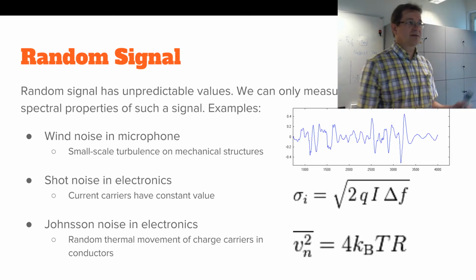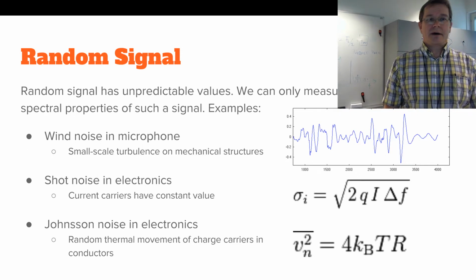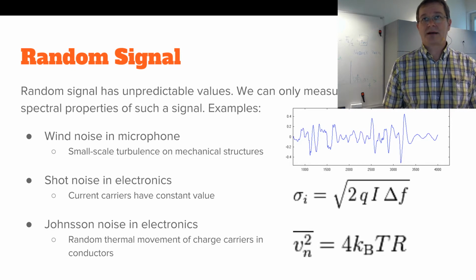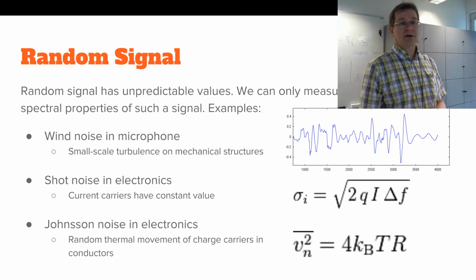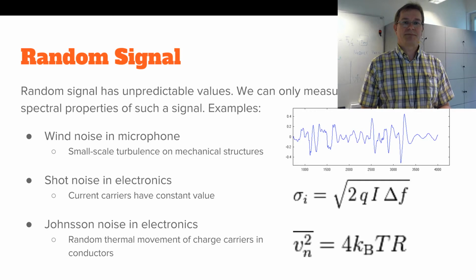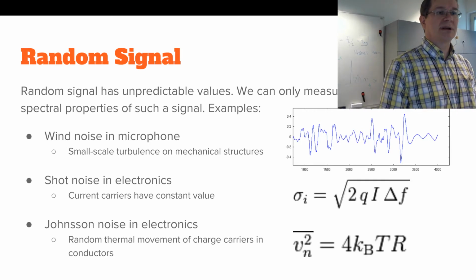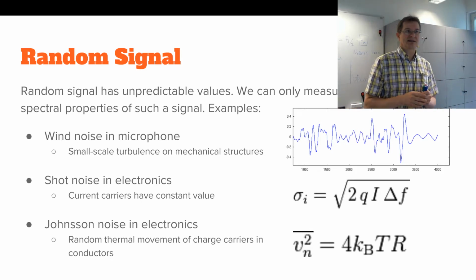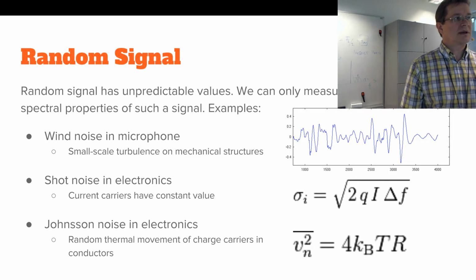Like my speech is very random. So these have unpredictable values, and we handle unpredictable values by statistical means, which means normal statistical properties plus the spectral properties.